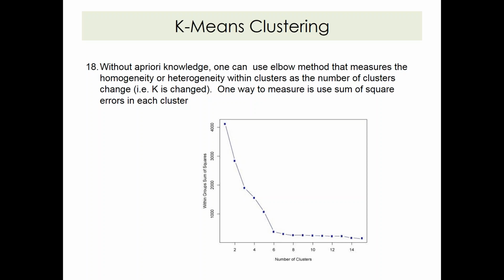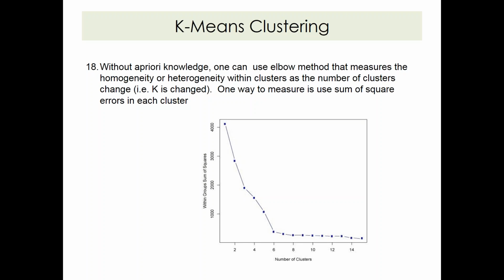What is the sum of squares? It is the Euclidean distance between each data point in a group and its cluster center, calculated and summed up. Naturally, for fewer clusters the value will be larger, because the distance will be more.